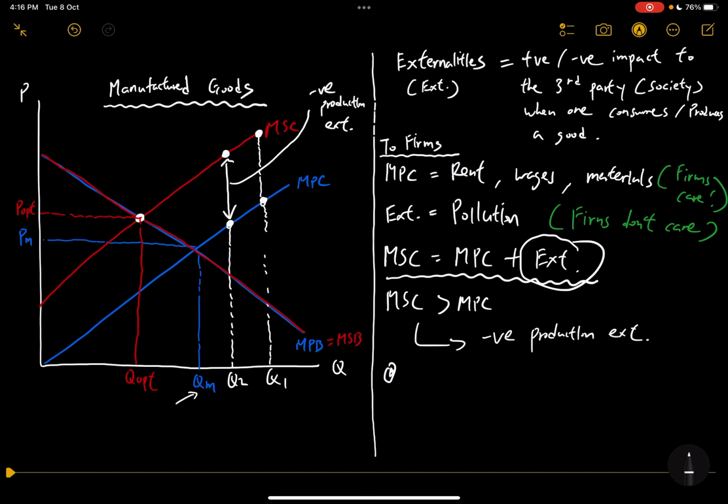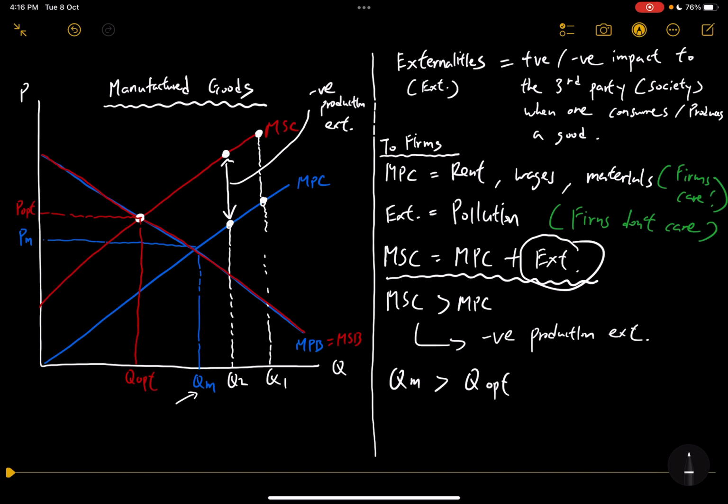We know that QM is what actually happened in our market. But the society expected to have less, because you can see the quantity expected by the society, Q opt, is on the left. So it should be a lesser amount. For quantity, we are able to see QM is bigger than Q opt.